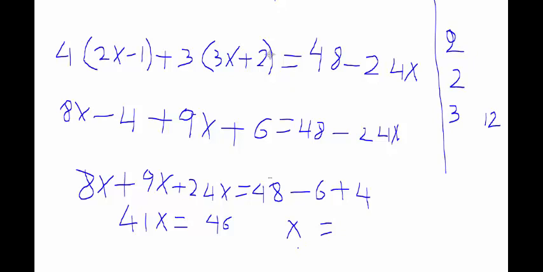That is how you pay the ticket. The pluses become minus, the minuses become pluses, the times becomes divided, the divideds become times. Okay, and we have 46 divided by 41, and that is the solution.